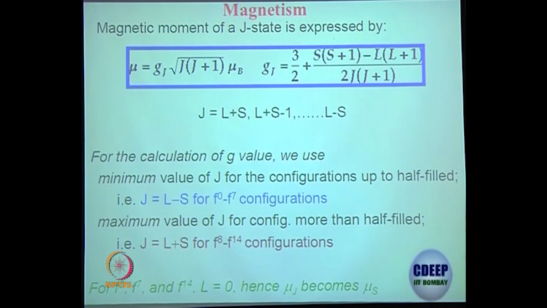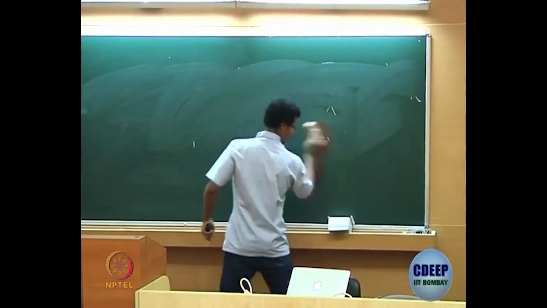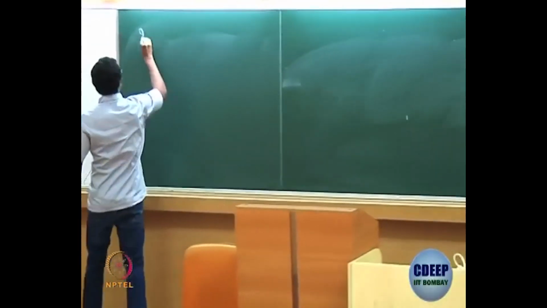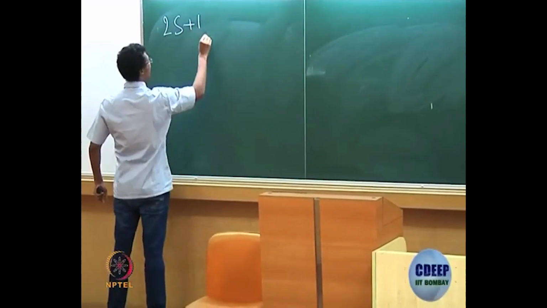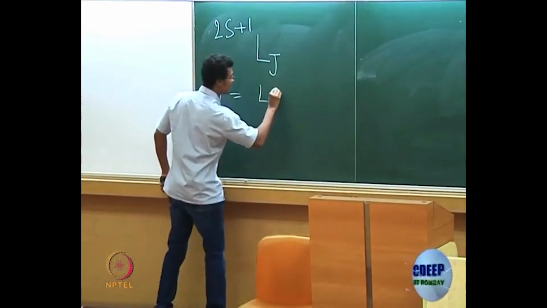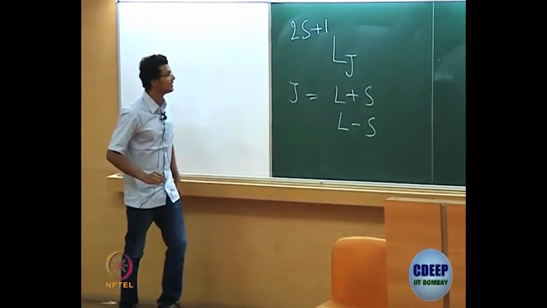L, you know from these ml values, right? So the term symbol, you have heard of it, so I will discuss it a little bit. 2S plus 1, L, J, where J equals L plus S or L minus S, absolute value of these.